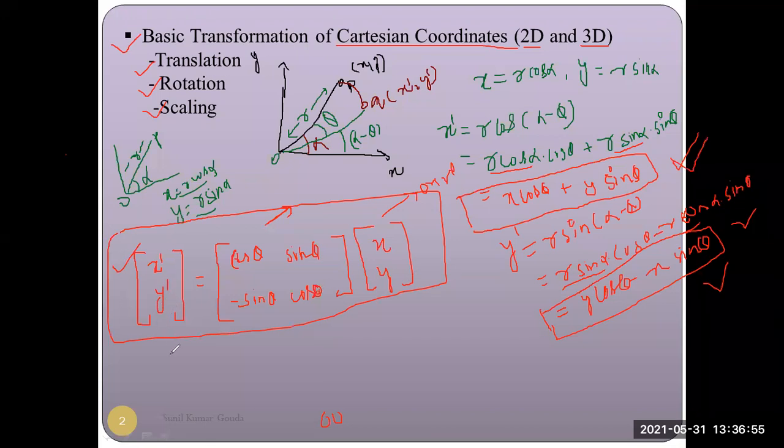In homogeneous form it will be x dash, y dash, 1, is equal to cos theta, sin theta, 0, minus sin theta, cos theta, 0, then 0, 0, 1, multiplied by x, y and 1.